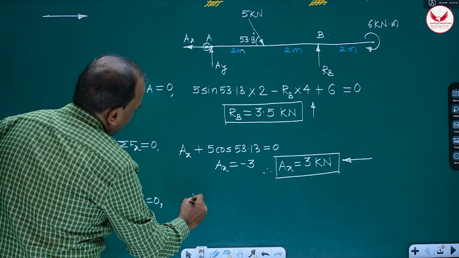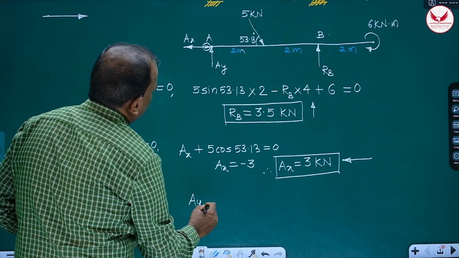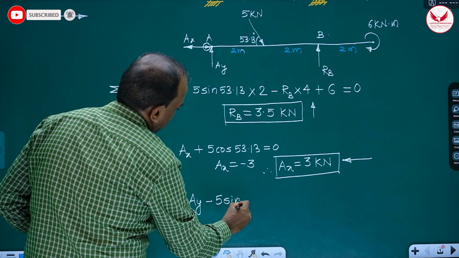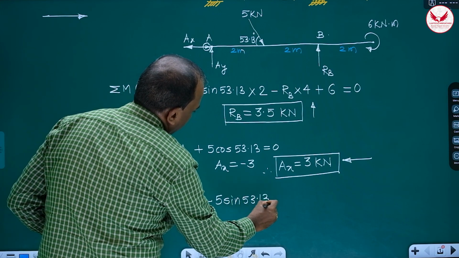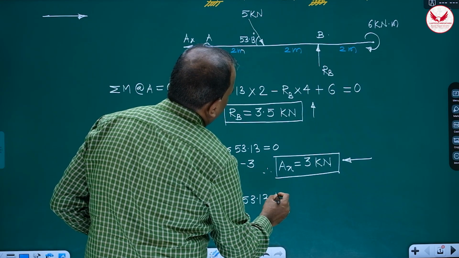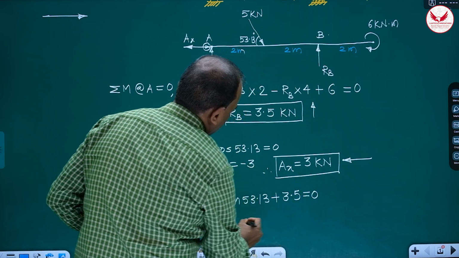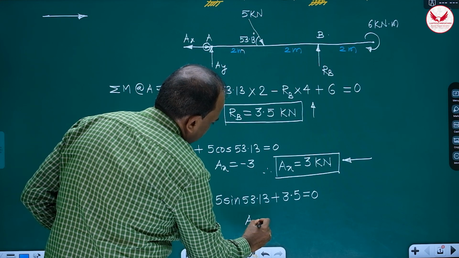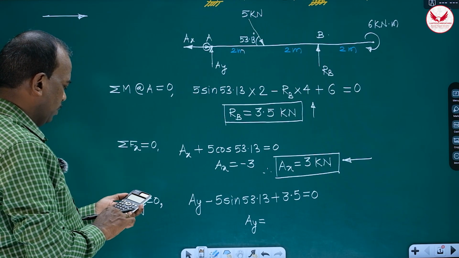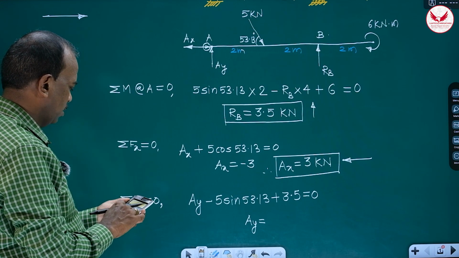For summation Fy, Ay, which we have to calculate, minus 5 sine 53.13 plus RB, which is 3.5, is equal to 0, and from this we'll get this Ay. Ay will be 5 into sine 53.13.